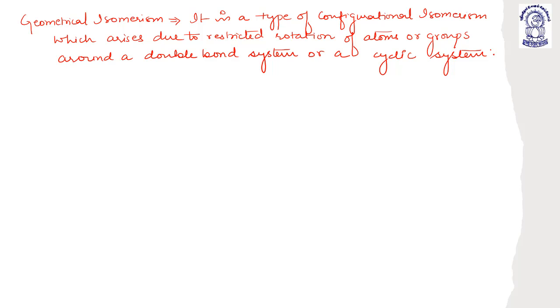Most importantly, in a cyclic system and in a double bond system, the carbon is actually under more strain in comparison to a carbon-carbon sigma bond. In a double bond system, as you know, the unhybridized p orbitals of carbon overlap parallel, or sidewise.